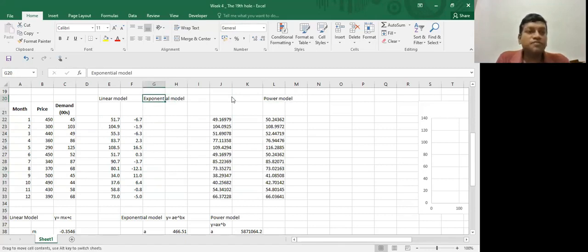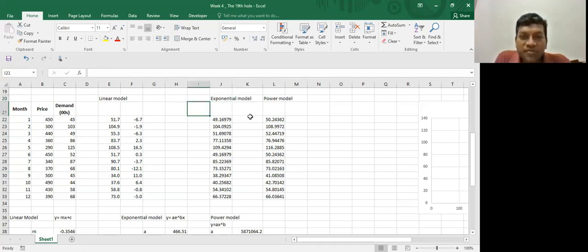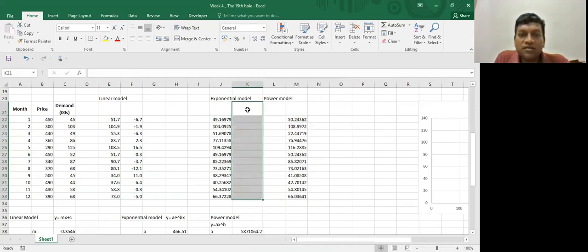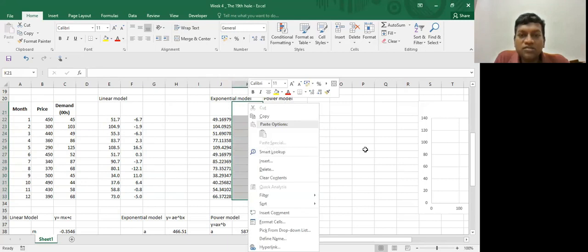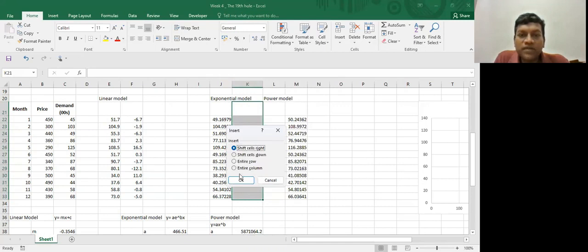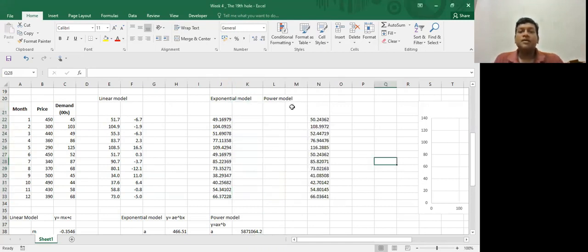Similarly, I want some space here also. Insert. Insert. This is the power model.